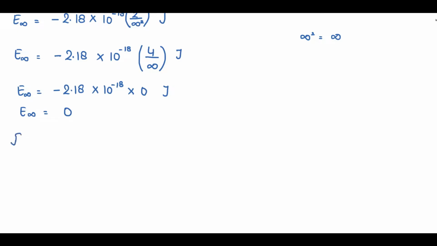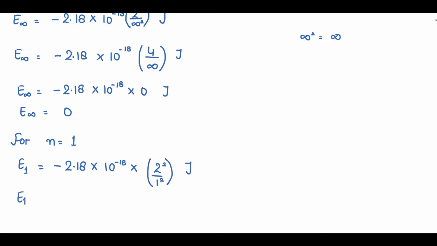Now we'll find the energy of the first orbit. So for n equal to 1, we will use the relation E₁ equals minus 2.18 × 10⁻¹⁸ × Z², that means 2² over here, divided by n², that will be 1², and I'll mention the unit with this.